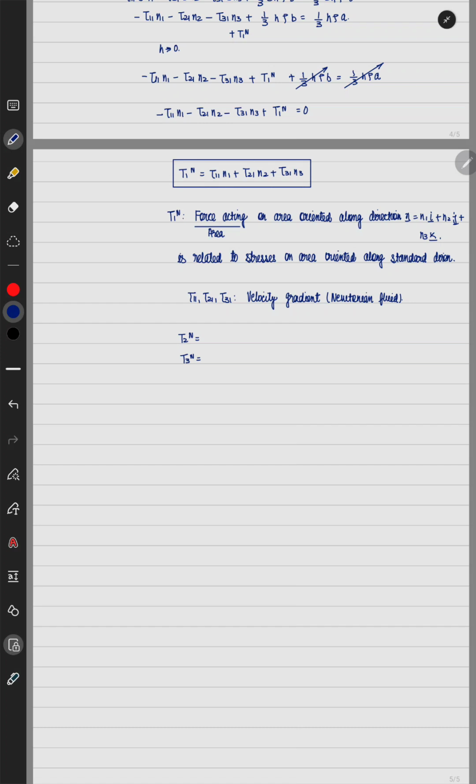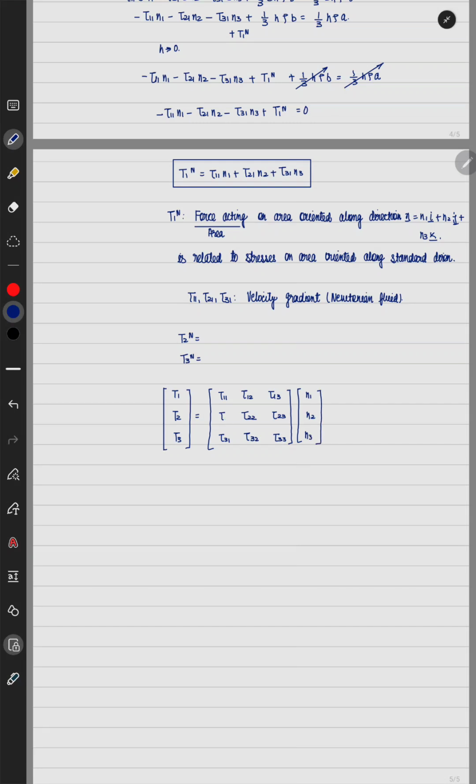I will write it directly in matrix form, and from the matrix multiplication you can easily obtain it. So I will write T1, T2 and T3 equal to the matrix with tau 11, tau 12, tau 13; tau 21, tau 22, tau 23; tau 31, tau 32 and tau 33, multiplied by n1, n2 and n3.